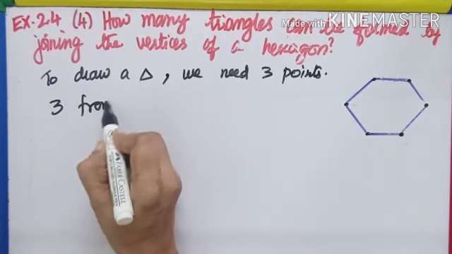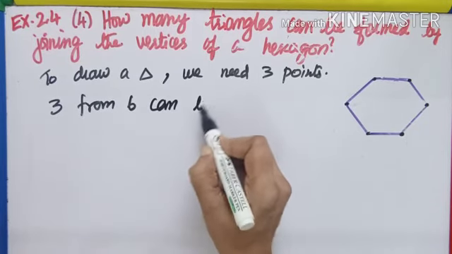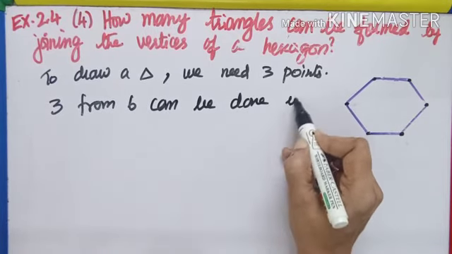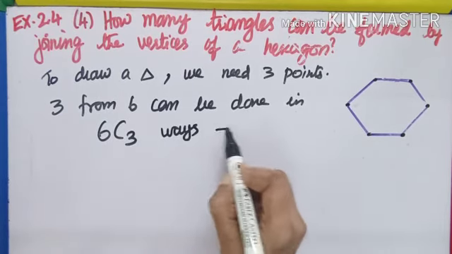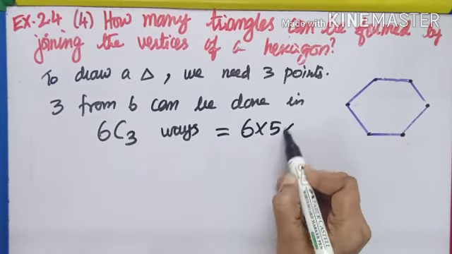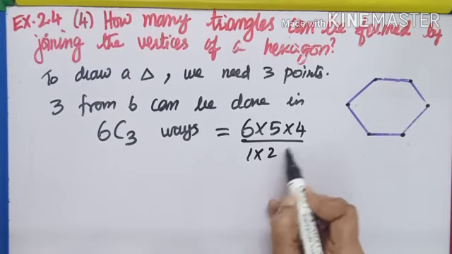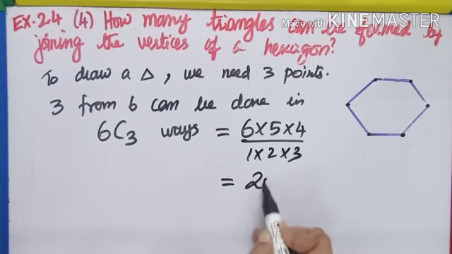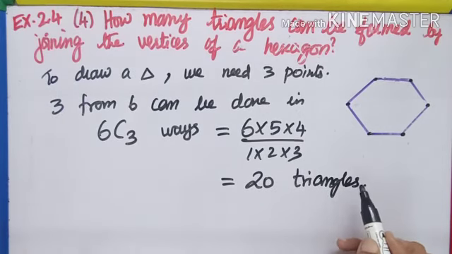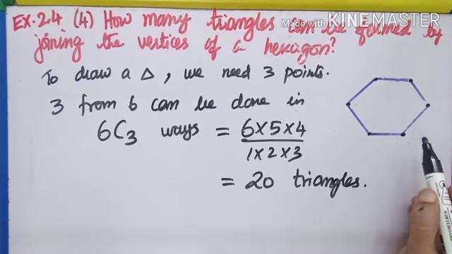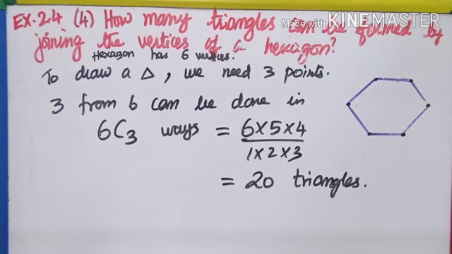So 3 from 6 can be done in how many ways? 6C3 ways. So what is my answer? 6, 5, 4 by 1, 2, 3. Simplifying we get 20. So we can draw 20 triangles using the vertices of a hexagon.